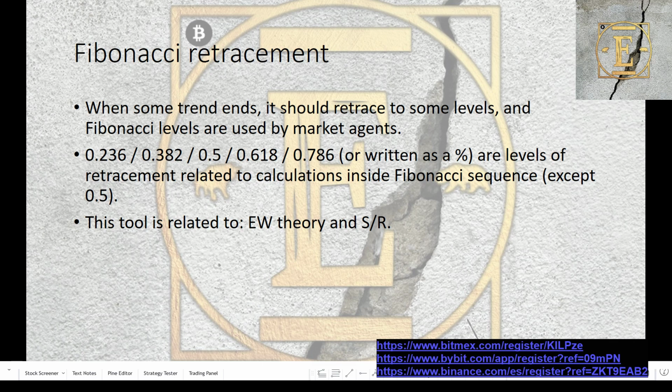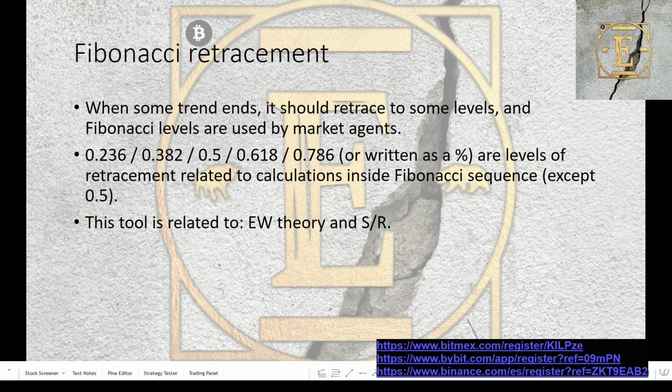Okay, the Fibonacci levels, classic Fibonacci, are 0.236, 0.382, 0.5, 0.618, that is the golden ratio, and 0.786. This can be written as a percentage in the settings of the tool, and they are levels of retracement related to calculations inside the Fibonacci sequence, except the 0.5.